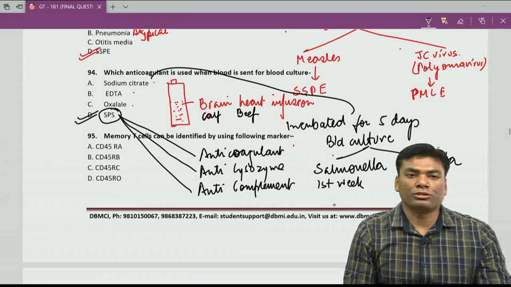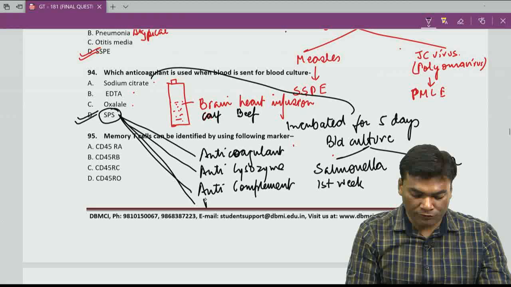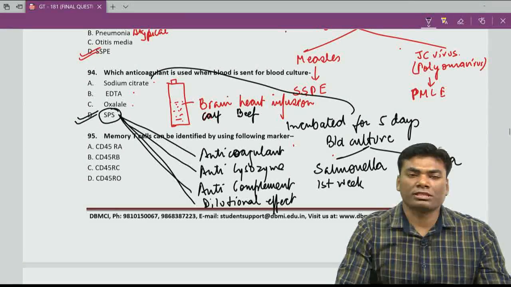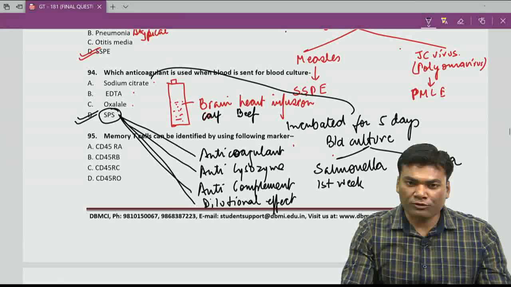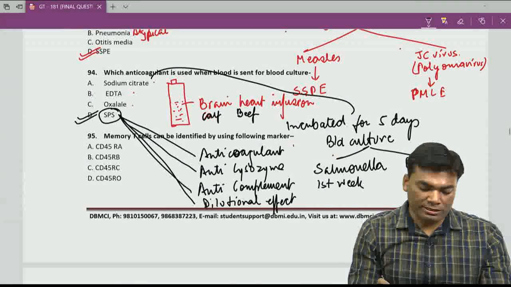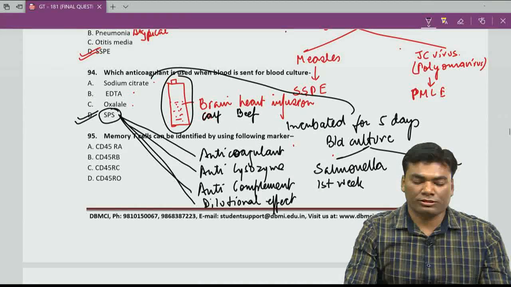So is complement. So it is also anti-complement, and it also has a dilutional effect. Because of this, the blood taken as a sample is diluted many folds. So the effect of the inhibitors of growth is reduced, and thus this blood culture bottle is good for blood culture.